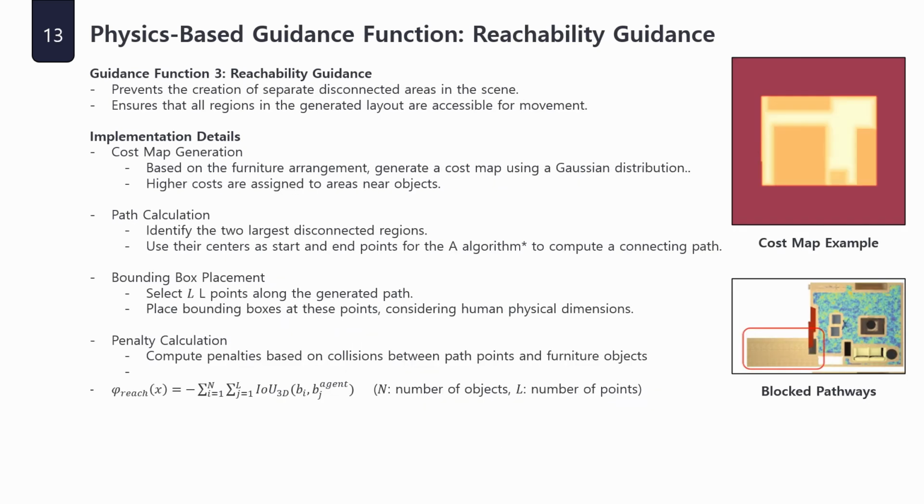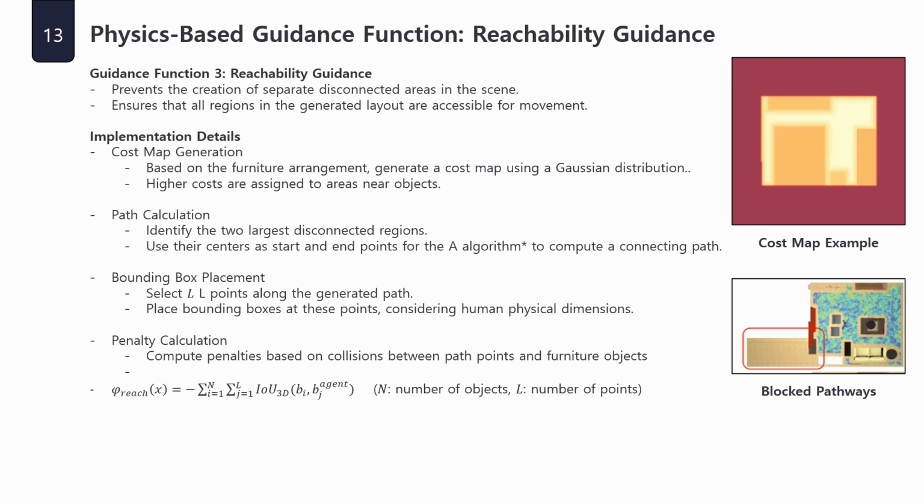The final guidance is reachability guidance, designed to prevent the generation of multiple disconnected regions in the scene. The presence of such disconnected regions implies areas inaccessible to users, which poses a problem in indoor scene synthesis.